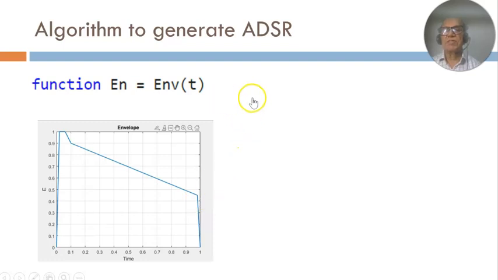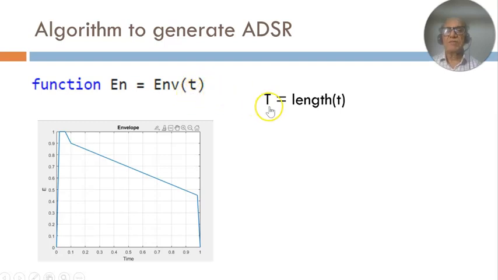So first thing we do is find the number of samples in T. Remember, T is an entire vector. For example, before calling this function, T may be defined as 0 to 1 in steps of 1 upon 22050. Remember, we have done that before.